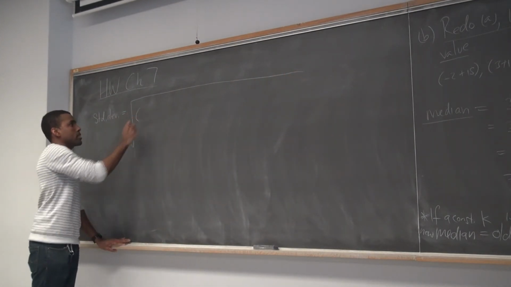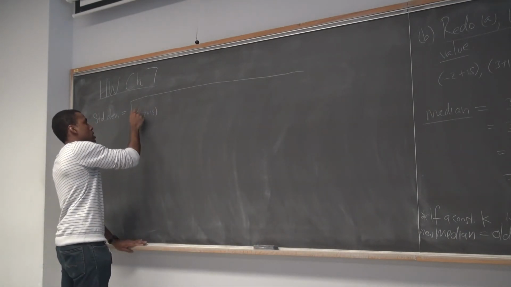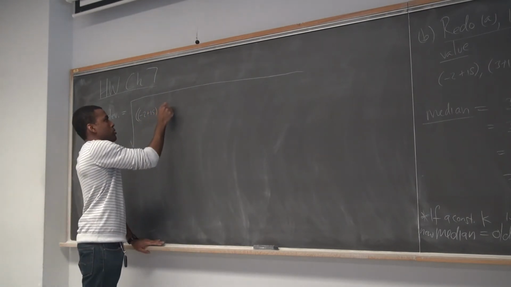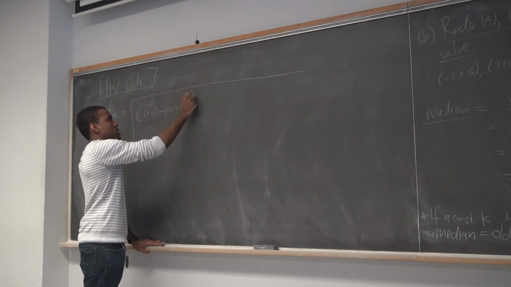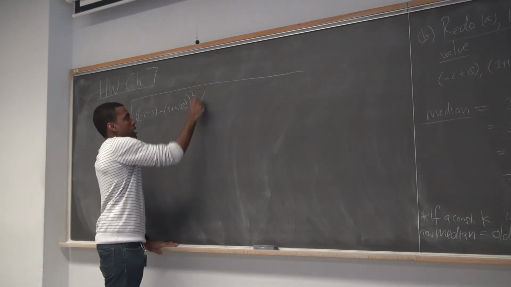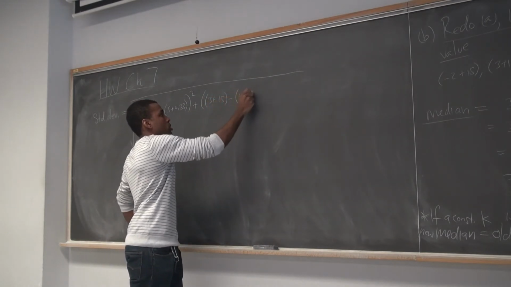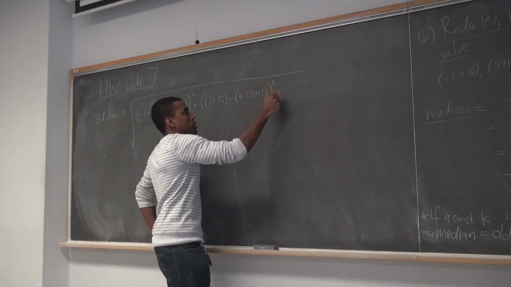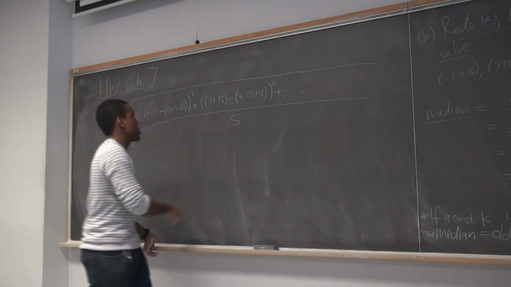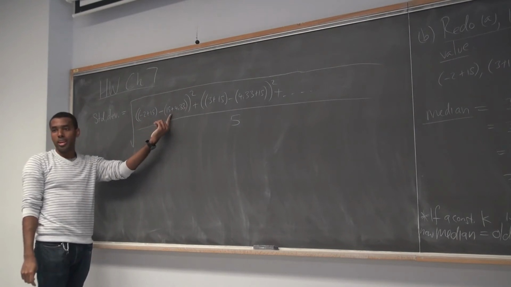Well, let's see. So remember, we're looking at the new value, so this is minus 2 plus 15 is the value, and we're subtracting the mean. But the new mean was actually 15 plus 4.33. Right? So this is the new value, this is the new mean. And we're going to be doing this repeatedly. So this is going to be 3 plus 15 minus 4.33 plus 15 plus, now what you're realizing is this 15 that you added gets subtracted again.